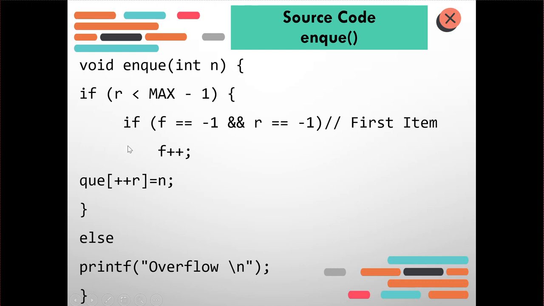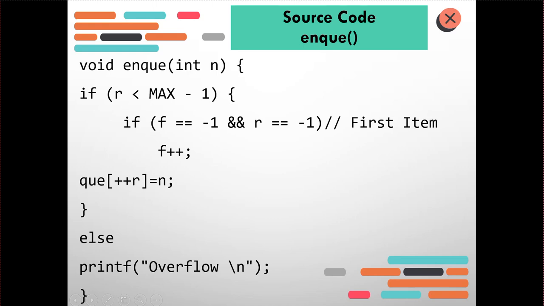So this is a special case wherein we check whether the item that is coming to this function as an argument is the first one to be inserted. Other than that, this is the soul of this function, this statement: q[++r].